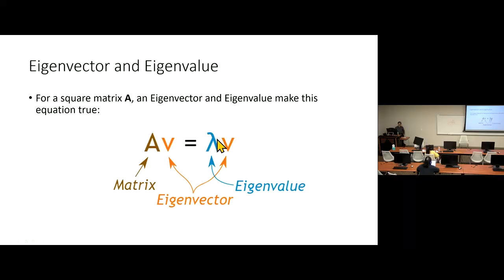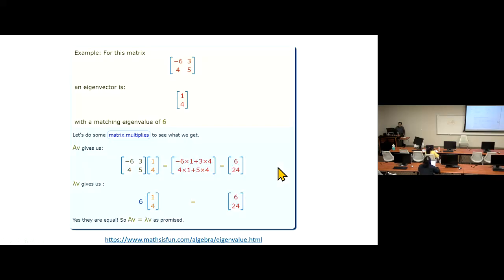So only change by a factor, this eigenvalue. These are the examples. So you run this on that, you get 6 times every element in this eigenvector. So the eigenvalue is 6.